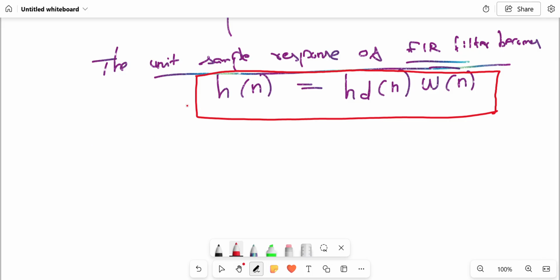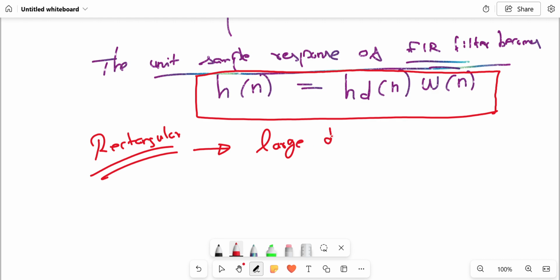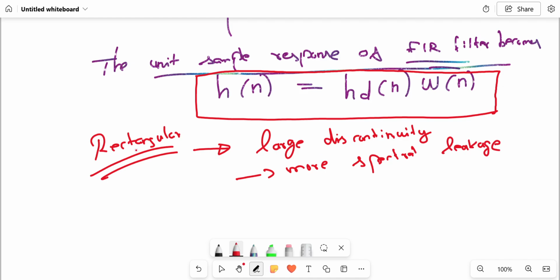If you use a rectangular window, the spectrum analysis will be poor because of large discontinuities. So more spectral leakage will be there. So what is the disadvantage of the rectangular window technique?